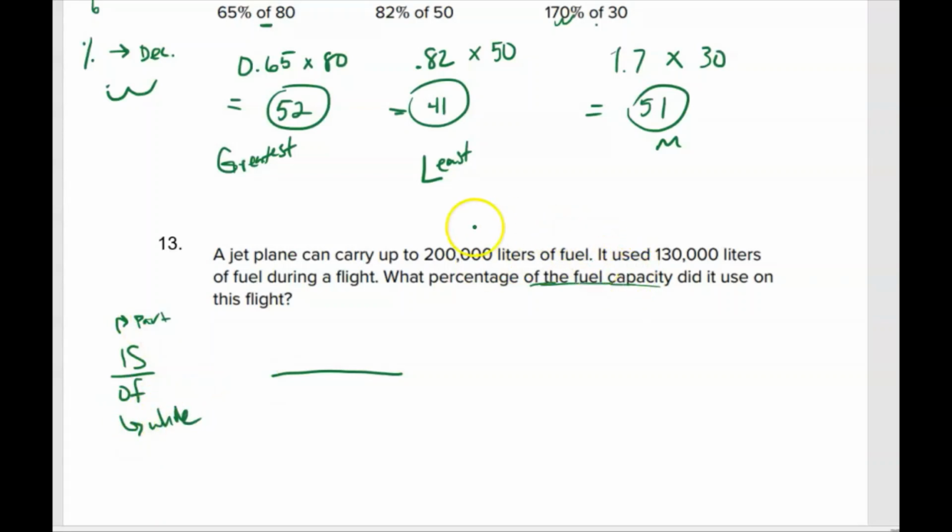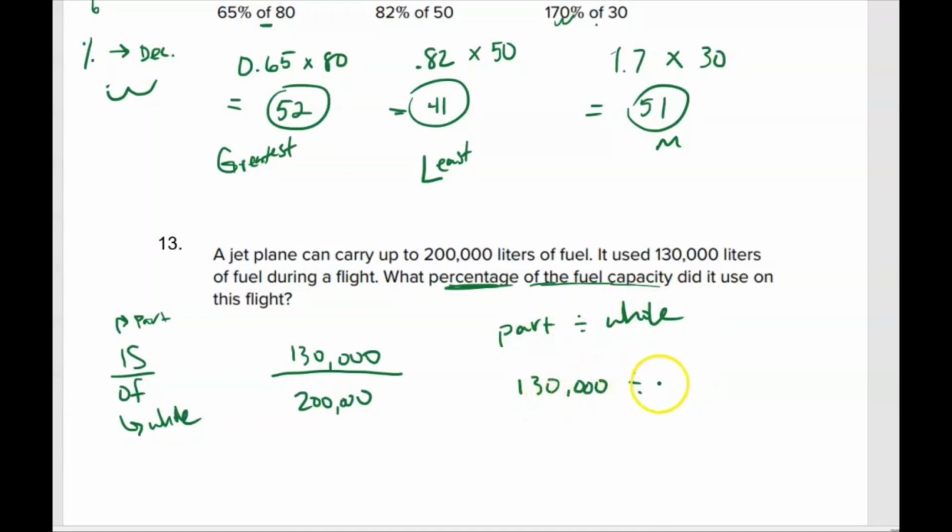So of the fuel capacity, well, I know that it can hold 200,000 liters. That's my whole. And how much did it use? 130,000. So when I find this percentage, again, remember, it's just part divided by whole. So it's just 130,000 divided by 200,000.